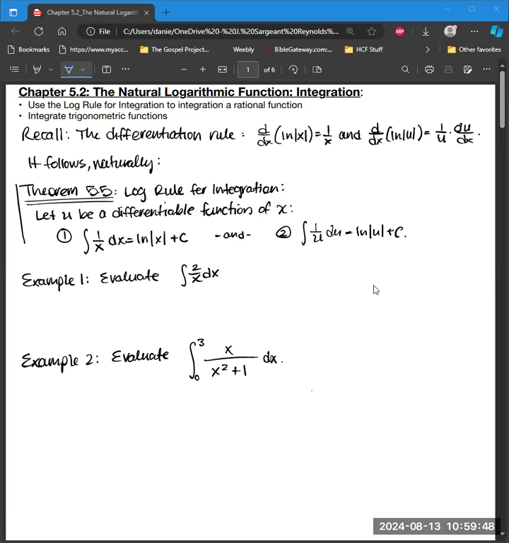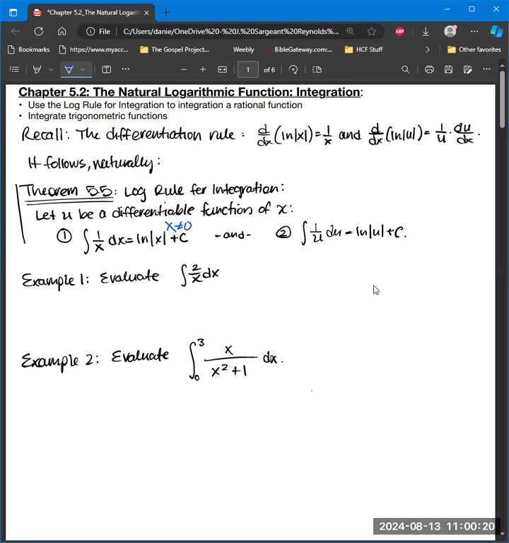So when we are going to integrate, that's what forces the absolute value bars on the right-hand side here in number 1 for Theorem 5.5, the log rule for integration. If we let u be a differentiable function of x, for the general rule over here, we'll get to that, but for the basic rule, the integral of 1 over x dx is going to be ln of the absolute value of x plus c, and that keeps our domain on both sides. x cannot be equal to 0.